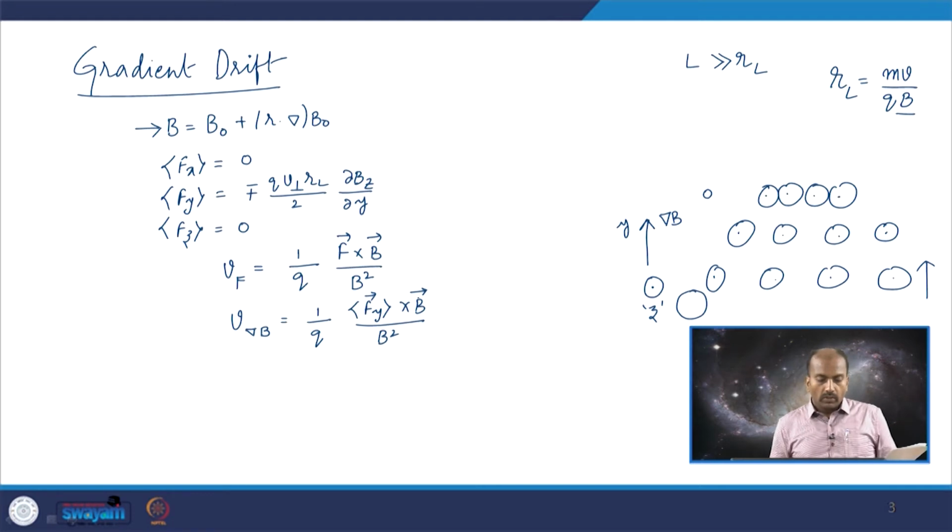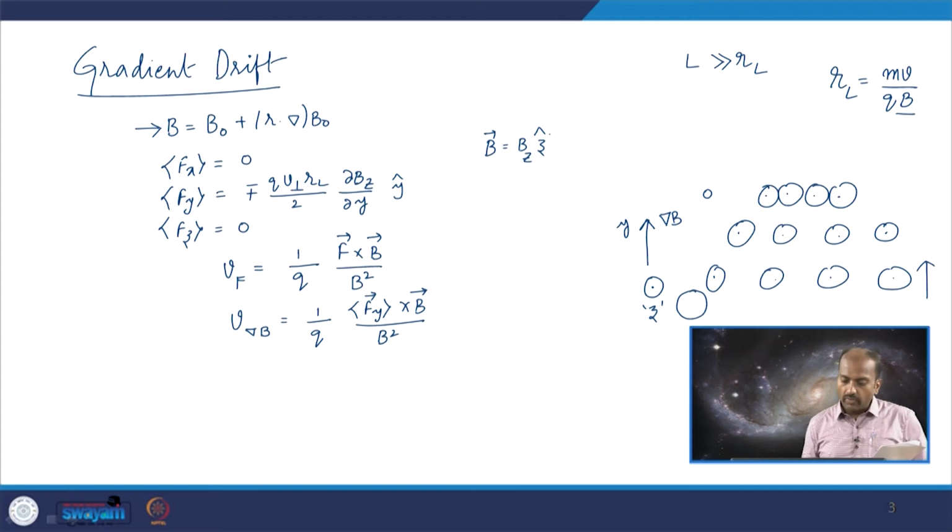right. So this F_y, the force that is experienced along the y direction, is obviously along the y direction, that is y cap, or j cap, and the magnetic field is along the z direction, right.